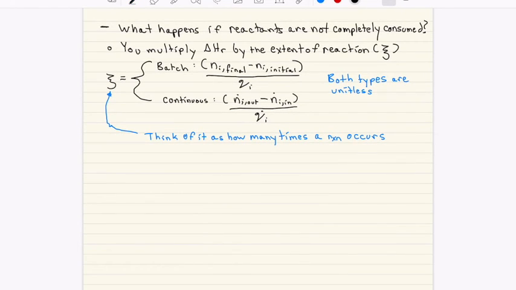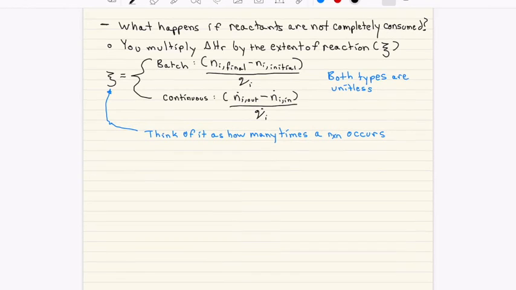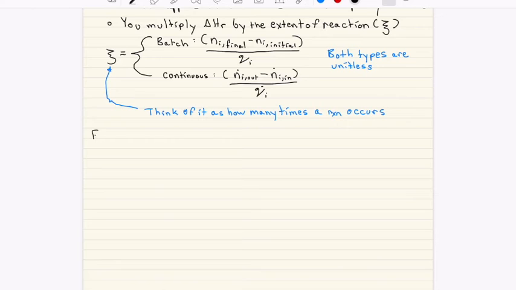And so these are the formal definitions for the extent of reaction. With the extent of reaction, we're going to calculate the enthalpy change that occurs in a system when there's a reaction going on. If we have a closed or batch system and want to calculate the enthalpy change due to a reaction, we say delta H is equal to the product of our extent of reaction times the delta H of R at some temperature and pressure.